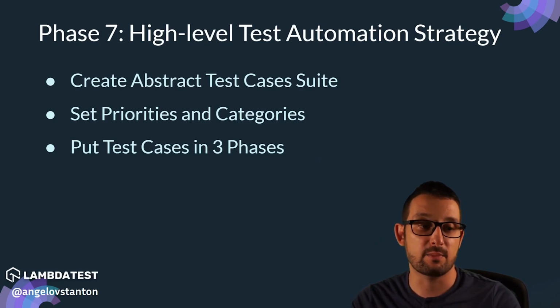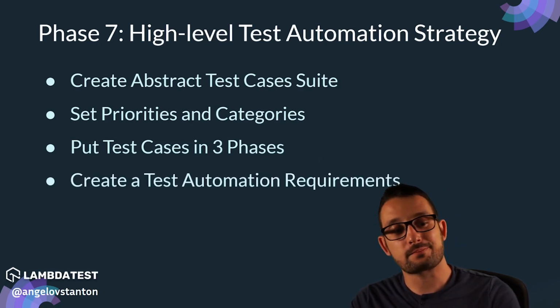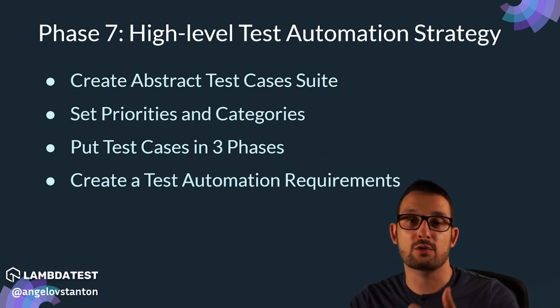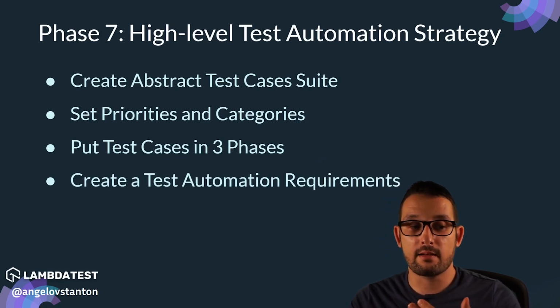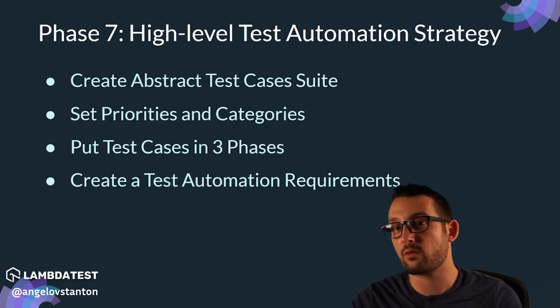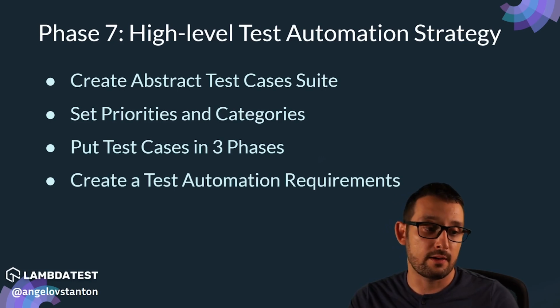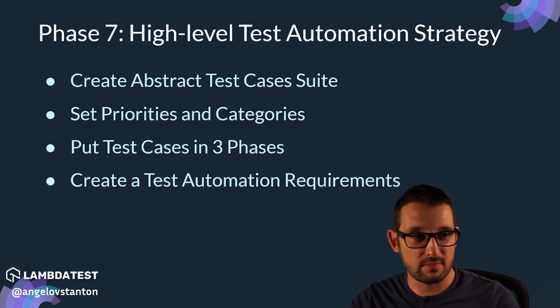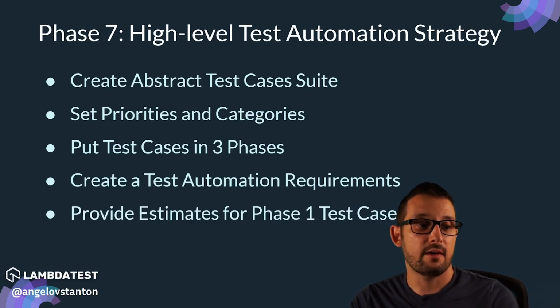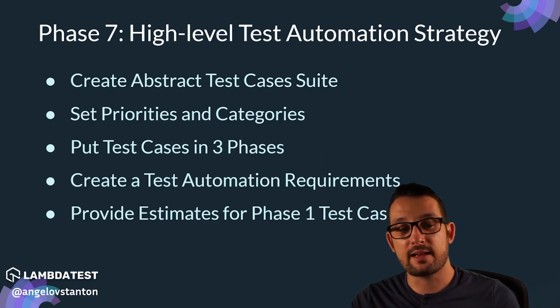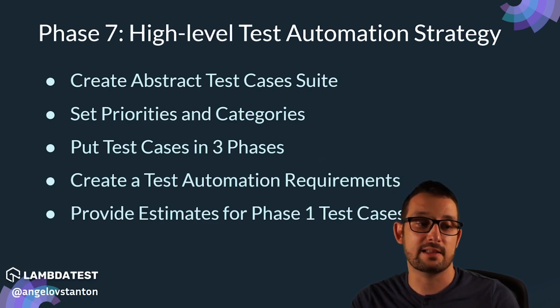At least this is my way. And then, based on the test cases that we need to automate, we can update our test automation requirements, right? That we defined before. This is why I included this phase here. And then we need to provide estimates for phase 1 test cases. Why is this important?